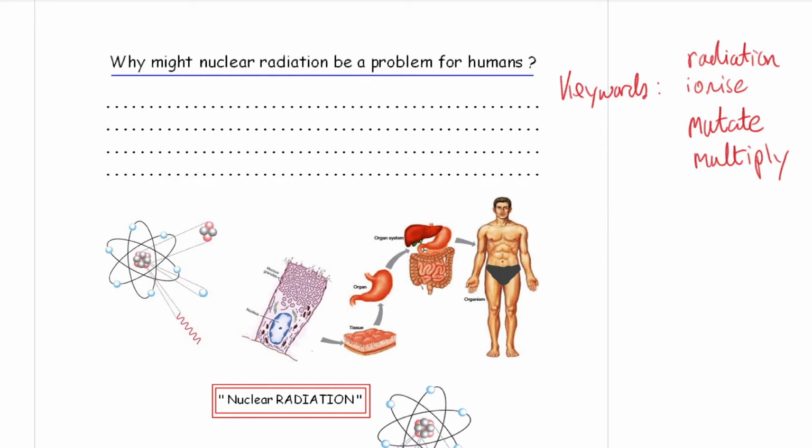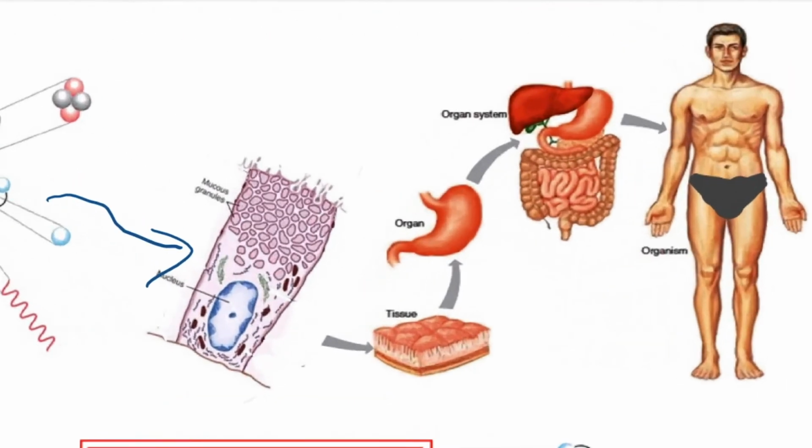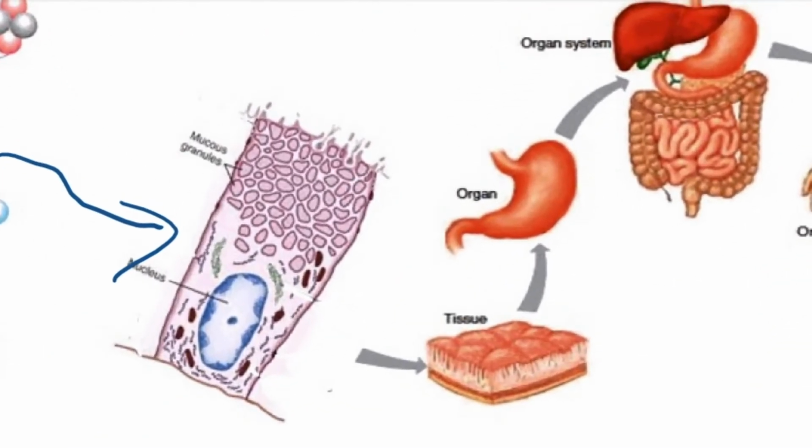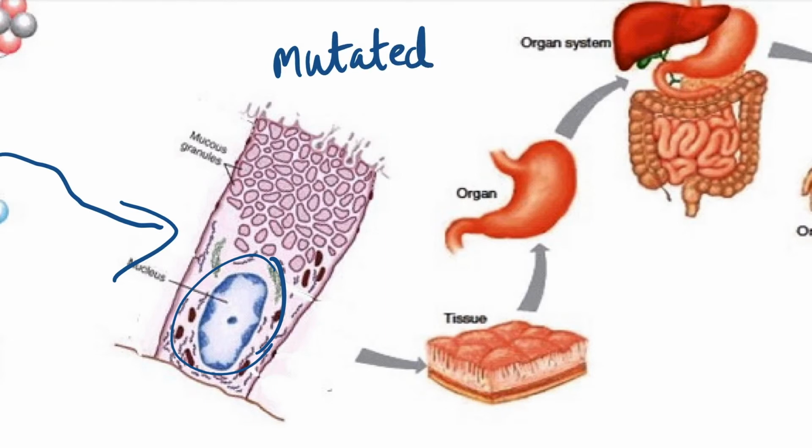If you look at this diagram underneath, it shows what can happen when radiation hits a human cell. So we've got a human cell here, and the human cell can get mutated. And the reason it gets mutated is because, let's say a beta particle or a gamma ray interacts with that cell.